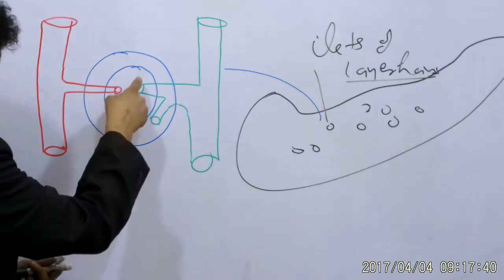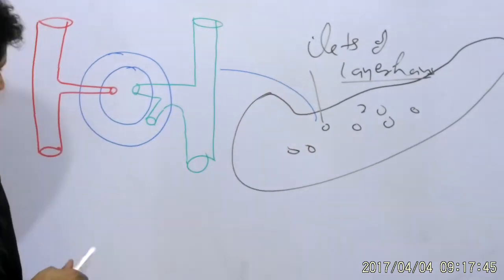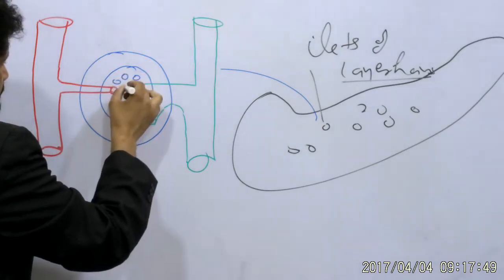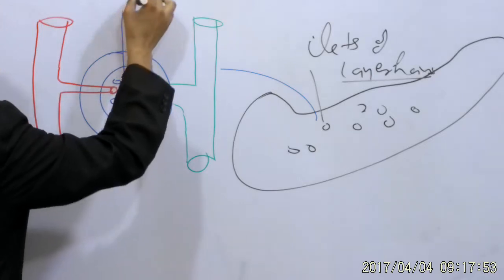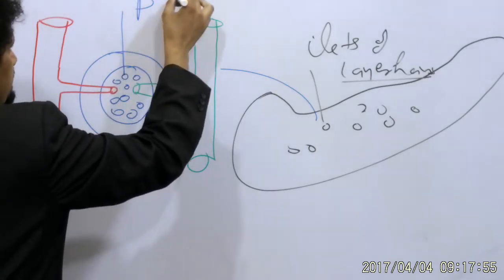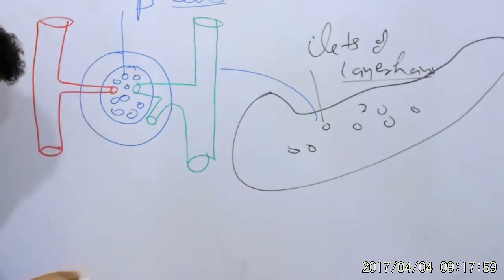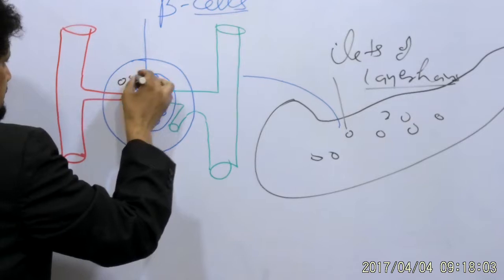So, the central core of the islet of the pancreas is made up of the beta cells. These are the insulin secreting beta cells. The peripheral part is having some alpha cells.